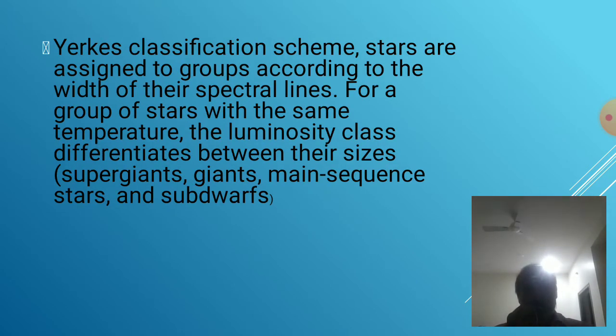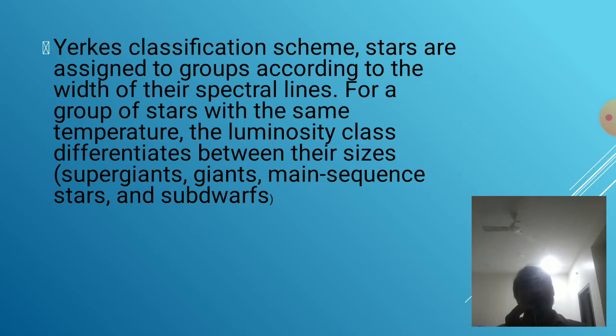In the Yerkes classification scheme, stars are assigned to groups according to the width of their spectral lines. For a group of stars with the same temperature, the luminosity class differentiates between their sizes: supergiants, giants, main sequence stars and subdwarfs. It means that the Yerkes classification is based on the size of the star.